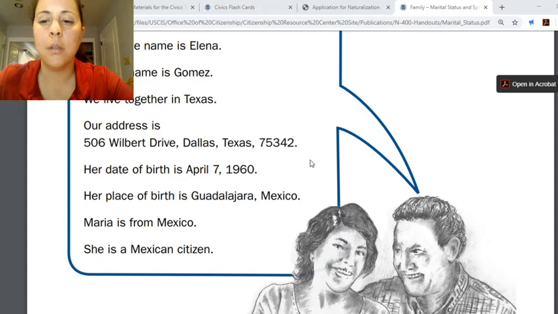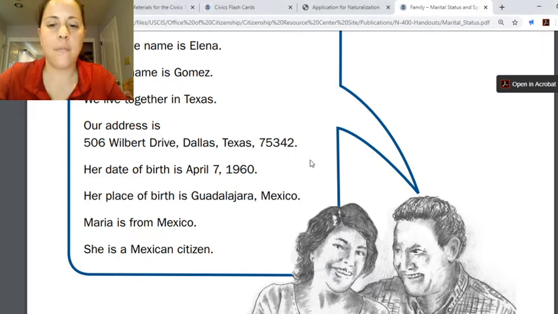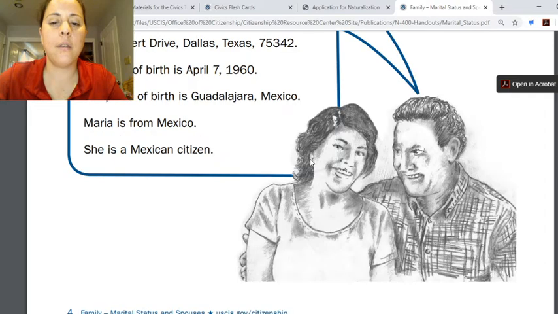Okay. What is Maria's place of birth? Guadalajara, Mexico. Okay. She is a Mexican citizen.